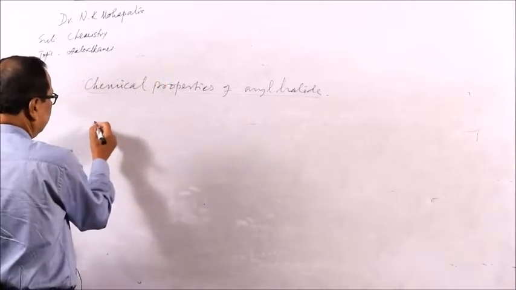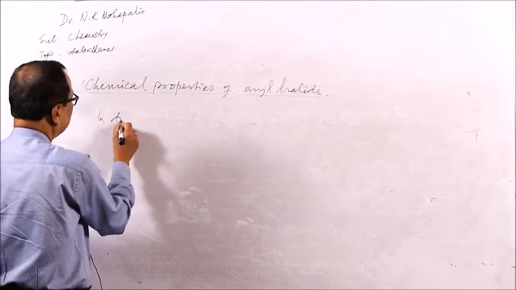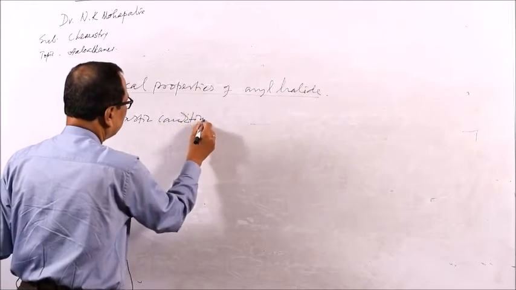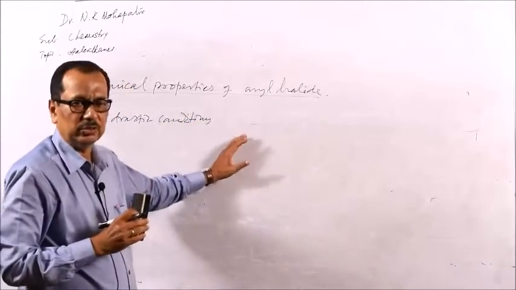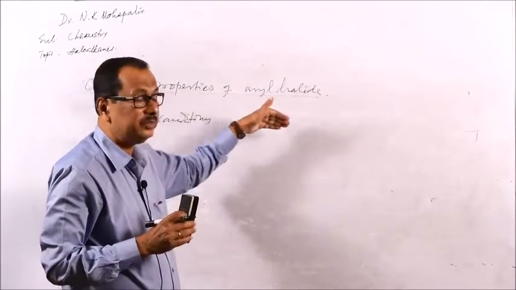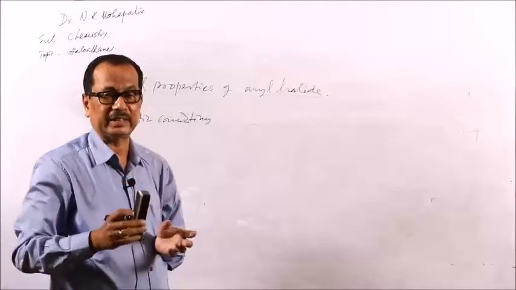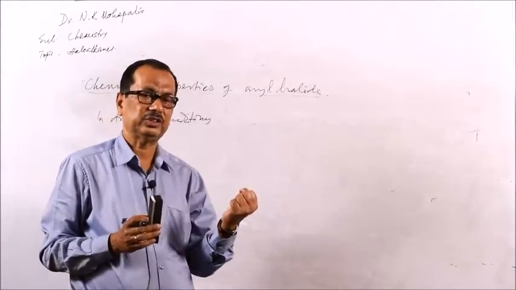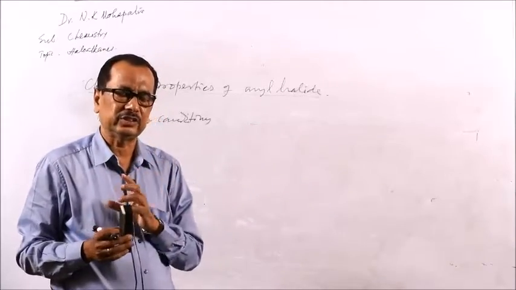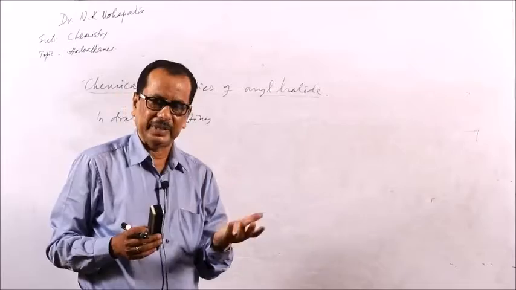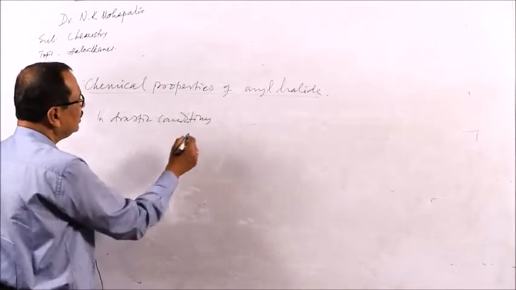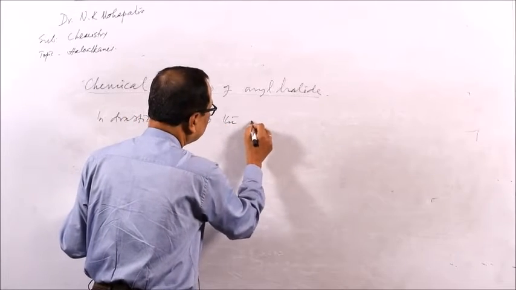Drastic conditions mean a strong nucleophile, higher concentration of reagent, and high temperature and high pressure. So these are called drastic conditions. Normally the halogen atom is not easily replaceable, but under drastic conditions, it is replaced by the nucleophile.